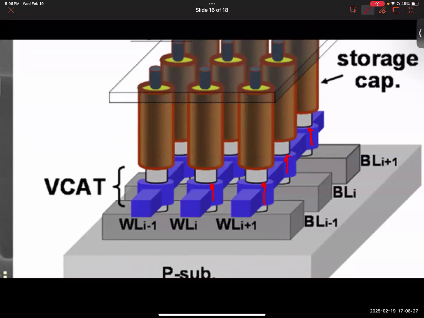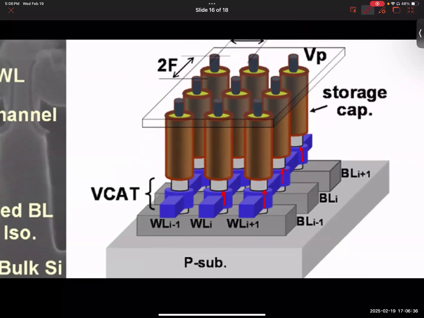So this is a vertical channel transistor, and they're very exciting in terms of scaling the dimension of the transistor itself. After you have this vertical channel transistor, on top of it you can have these cylinders of capacitor. That's how you could get the best possible integration density for DRAM.